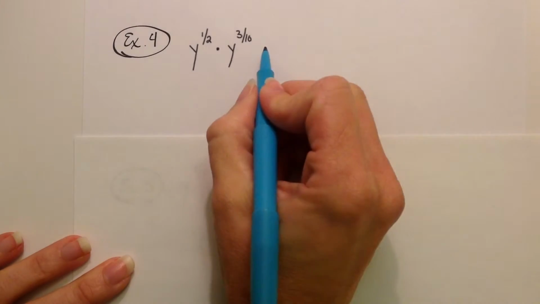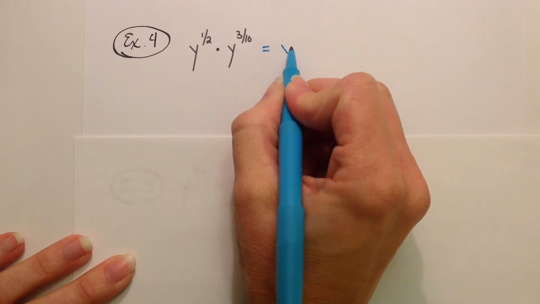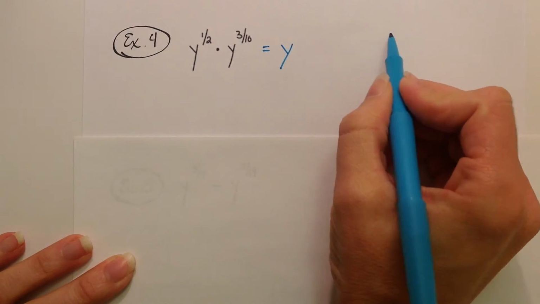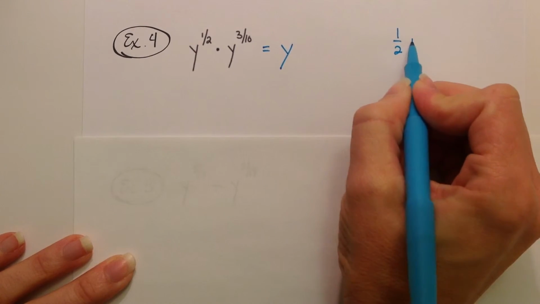A couple more examples here. Now, on this one, you're just simply multiplying these together. So going back to your exponent rules, when you multiply, you are supposed to add your exponents. Okay, now I'm going to go over here to the side. We've got to add them.